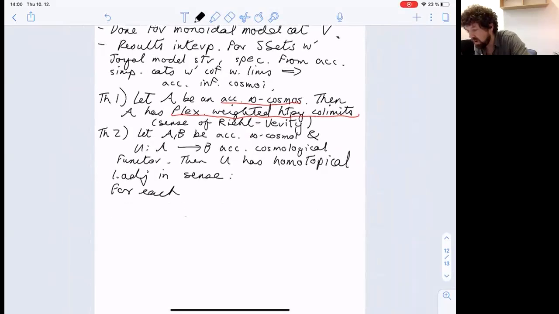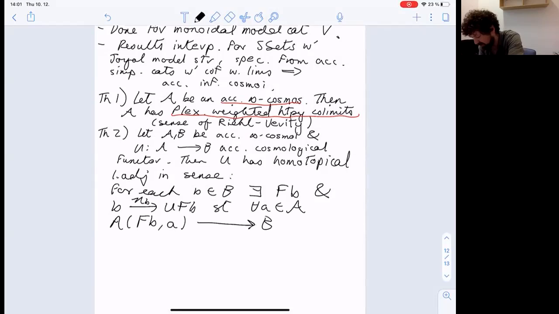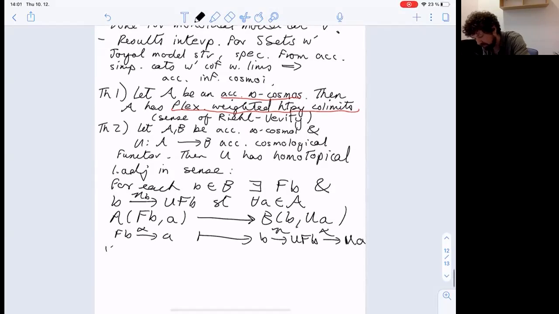So for each object B, there exists some object, let's call it FB, and a unit map as usual, such that for all objects A, the morphism of simplicial sets which does the usual thing, it takes a map and returns this, eta alpha, is, well, we actually prove it's a surjective equivalence of quasi-categories.